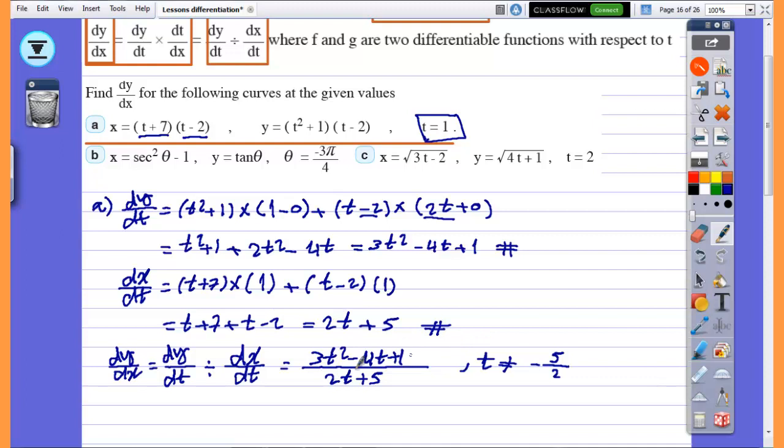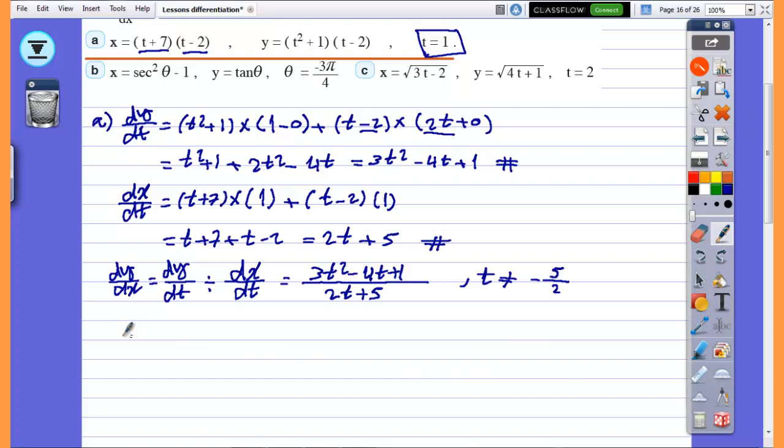So substituting t equals 1, what do we get? dy/dx when t equals 1 equals 3 multiplied by 1 squared minus 4 multiplied by 1 plus 1, over 2 multiplied by 1 plus 5.